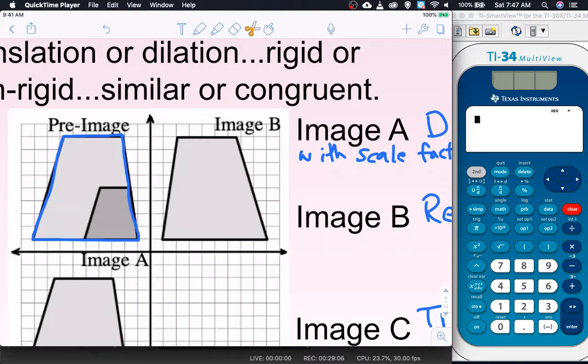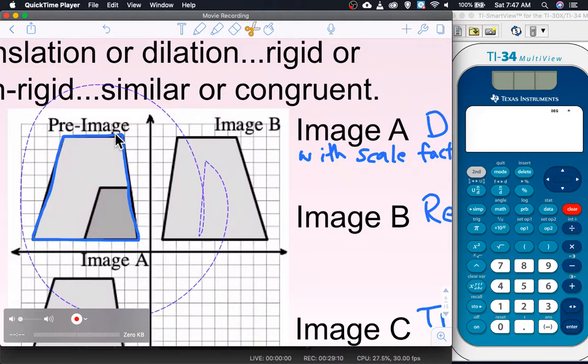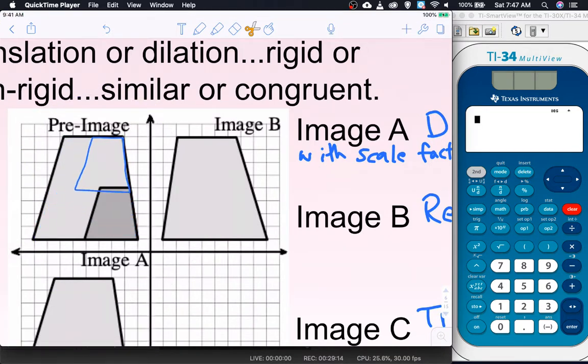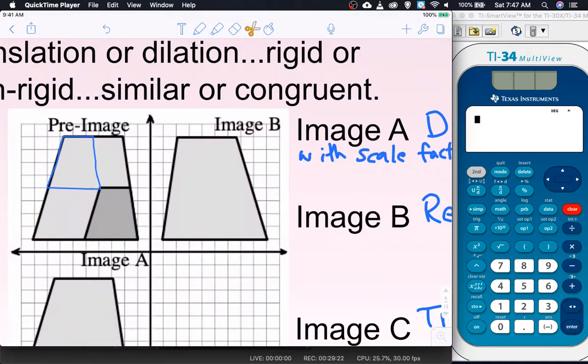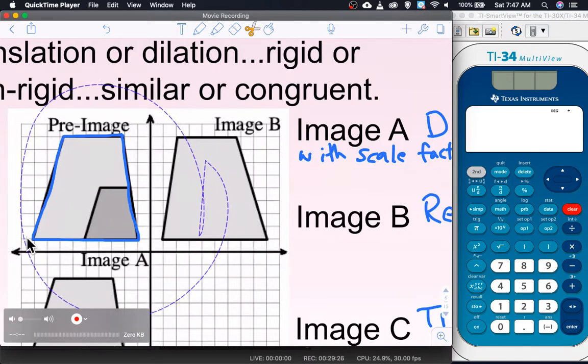All right, so for example, I could dilate from this corner right up here, from this corner over here, from this corner or this corner. I could dilate from the origin.